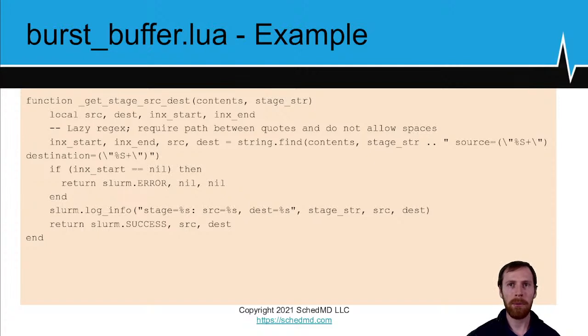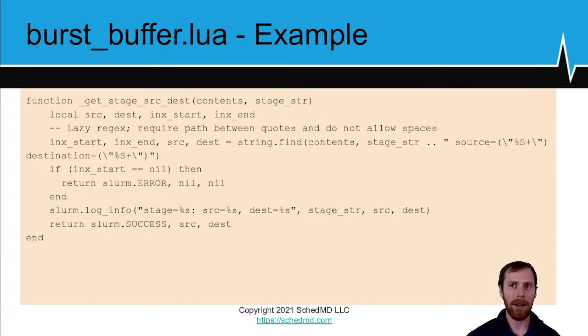So here's how I parse the lines with stage in, source equals, destination equals. It's some pretty lazy regex. All I'm looking for is source equals, quotation marks, and then anything without any white space. And destination equals, quotation marks, anything without white space. That's pretty lazy.